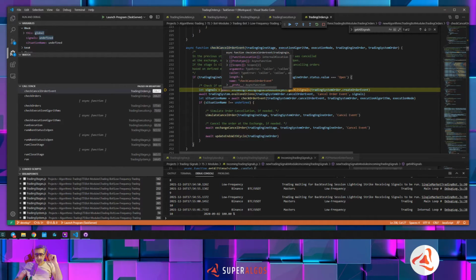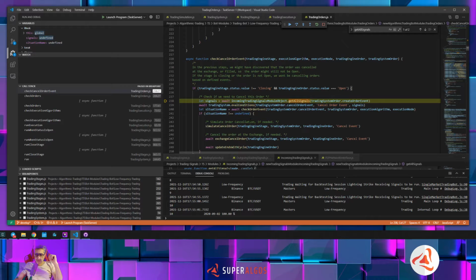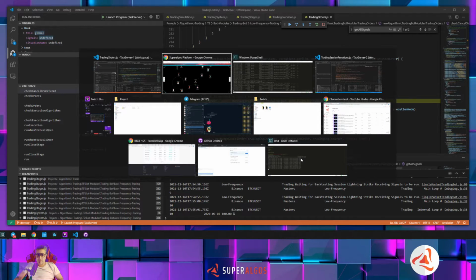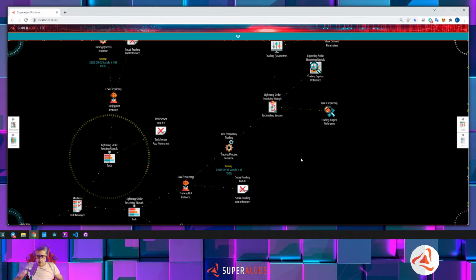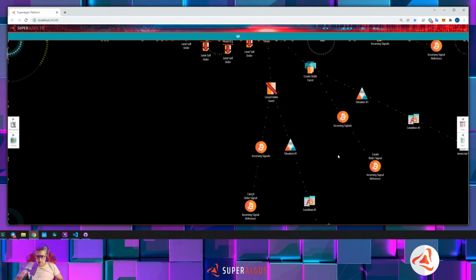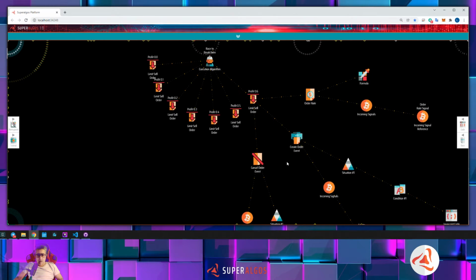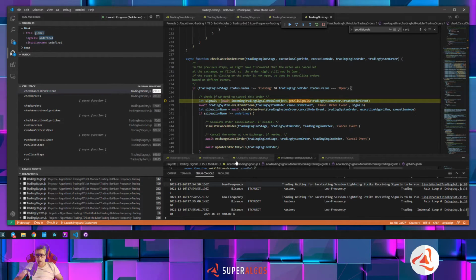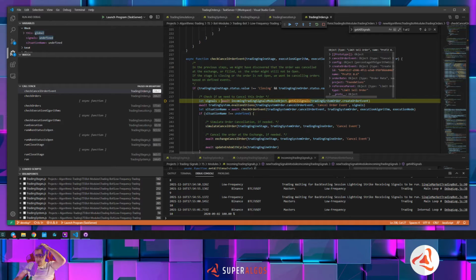Check cancel order. Okay, so our trading system order is a limit sell order. Probably the name is profit 06. Yeah, profit 06.